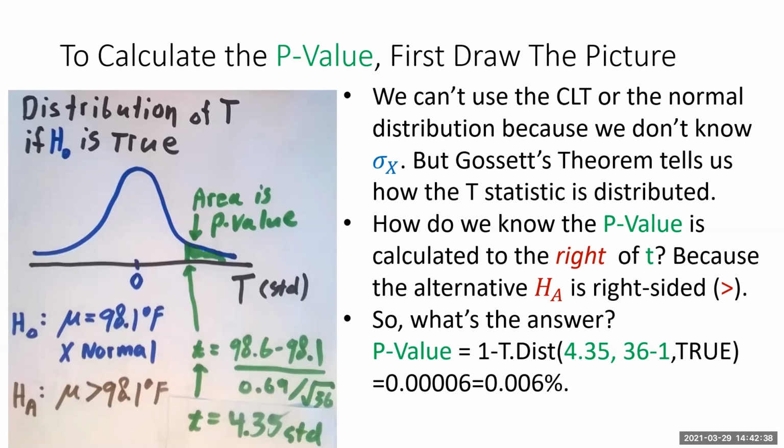Well, fortunately, we have Gossett's theorem instead of the central limit theorem. To use that, we still need to have a simple random sample. The story tells us that we do.